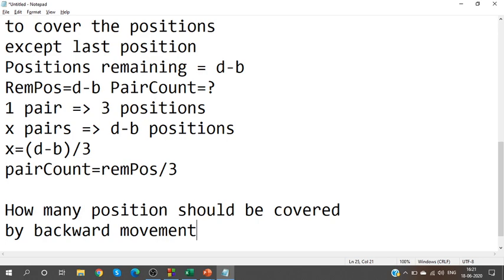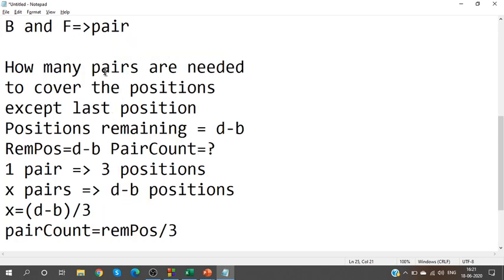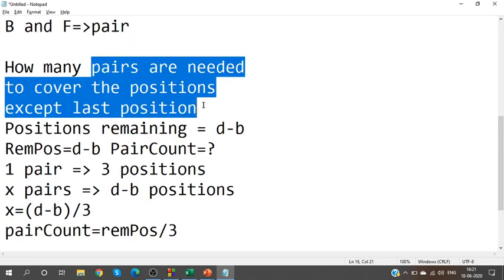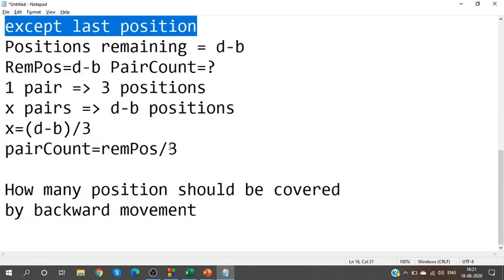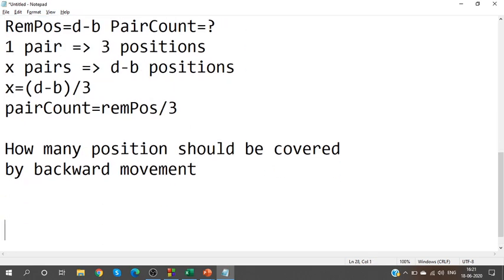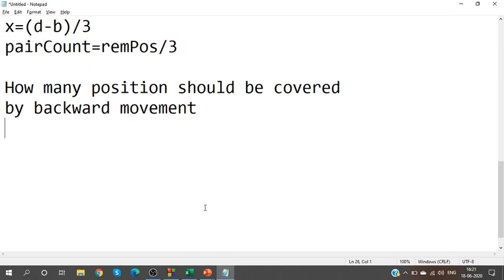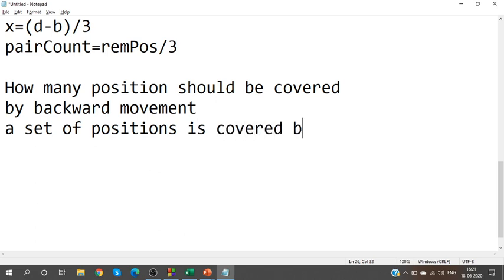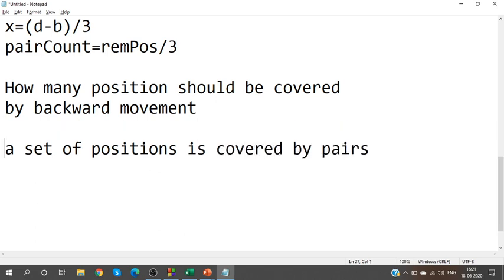Can you understand this? First I asked how many pairs will cover the remaining positions. Now I am asking how many positions should be covered by backward movement. From the total distance, a set of positions is covered by pairs.